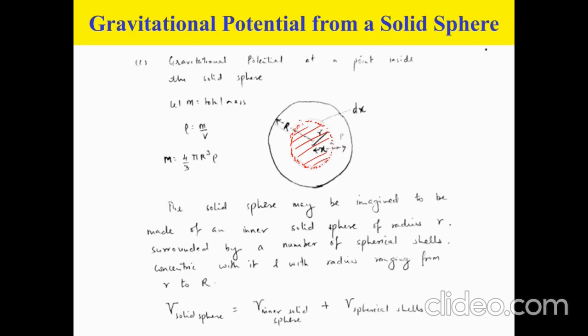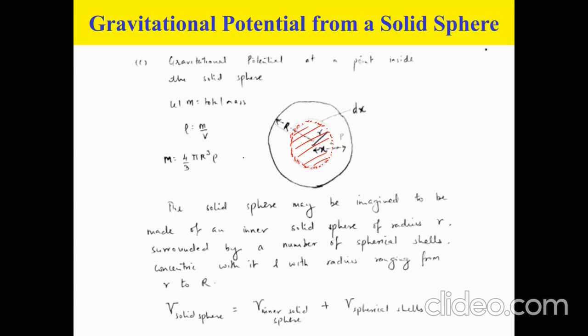To find the potential at any point P at this position r, we can find the potential arising from the inner solid sphere, and we can find the potential from the spherical shell. Again we have to use the idea of density as the constant mass over volume.